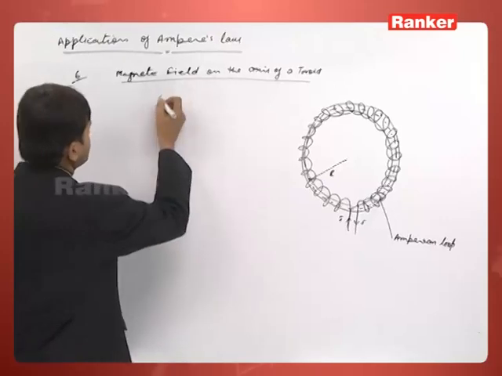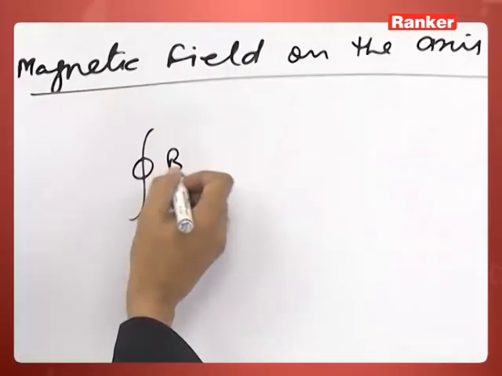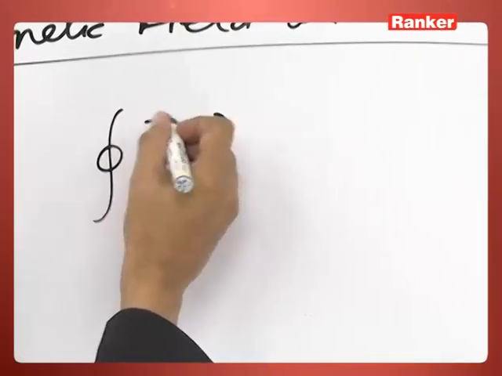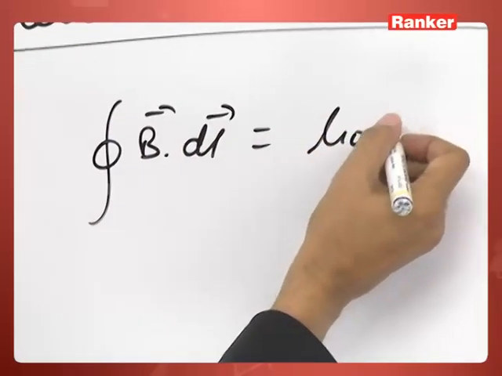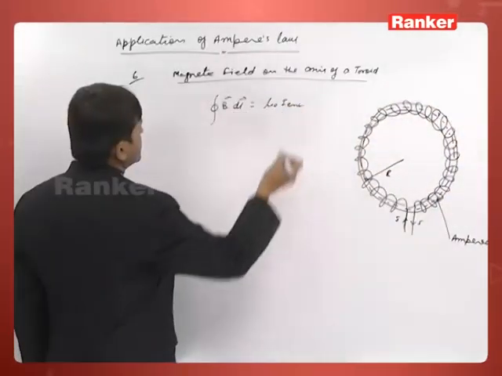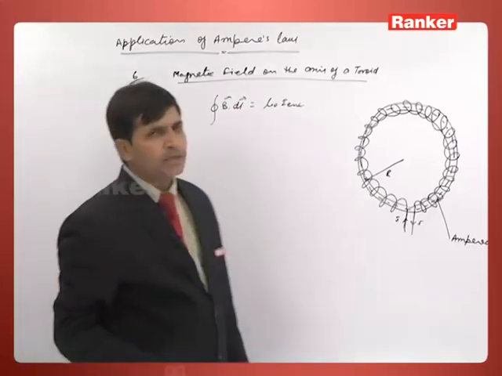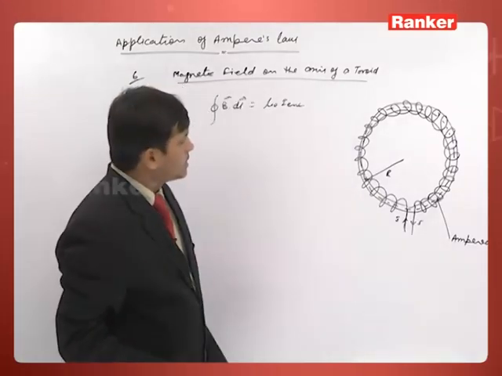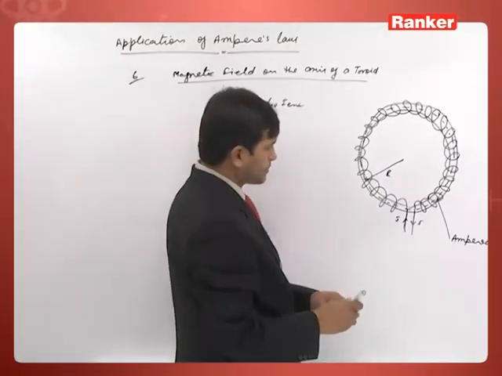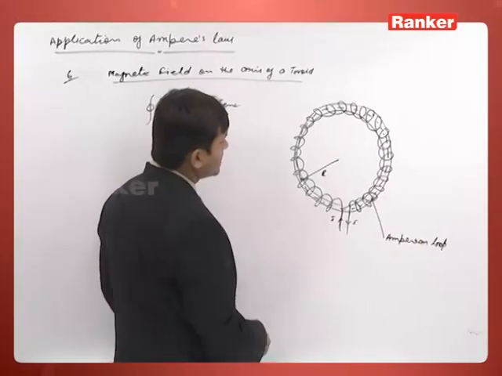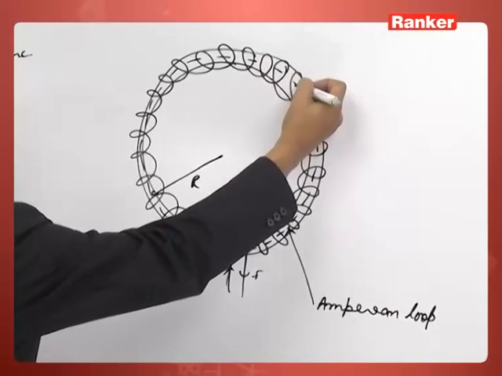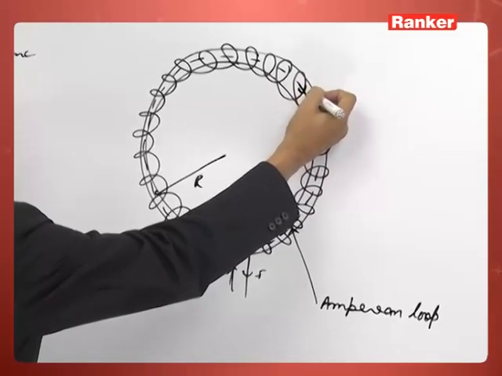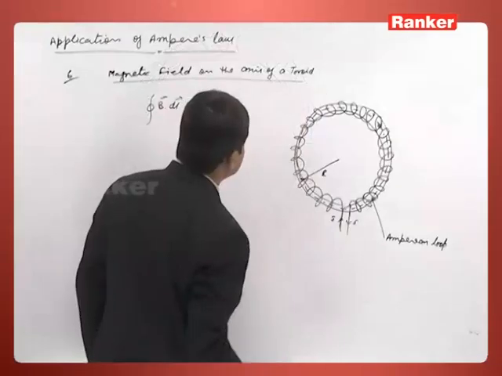Now according to Ampere's law, the closed integral of B dot dl is mu naught I enclosed. So now if we are looking at the magnetic field here, let's say we are moving clockwise.